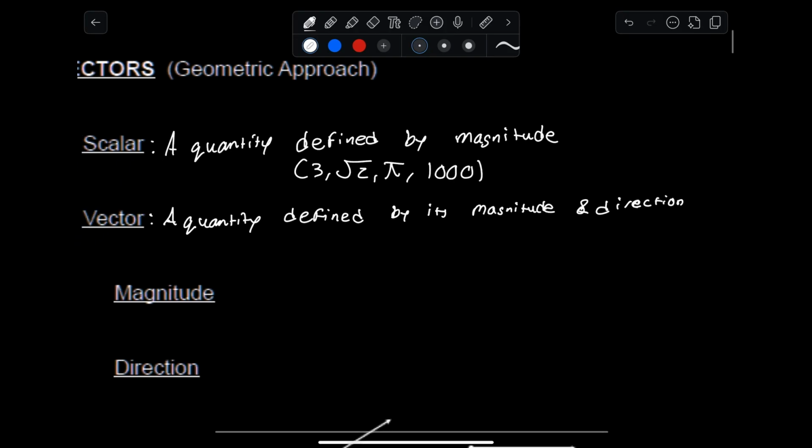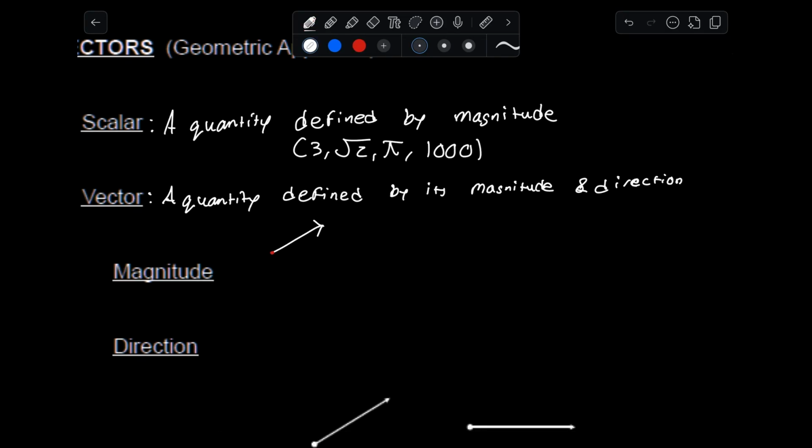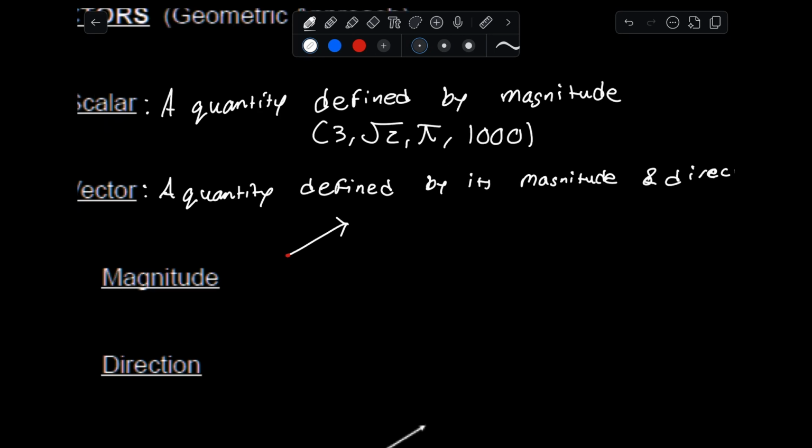For example, this ray from tip to tail is a vector because it has a magnitude. You can measure the distance of the ray, or you can measure the distance of the line, and in what direction it's going. It's going north, south, east, west, like what angle theta we can attach to it, right?